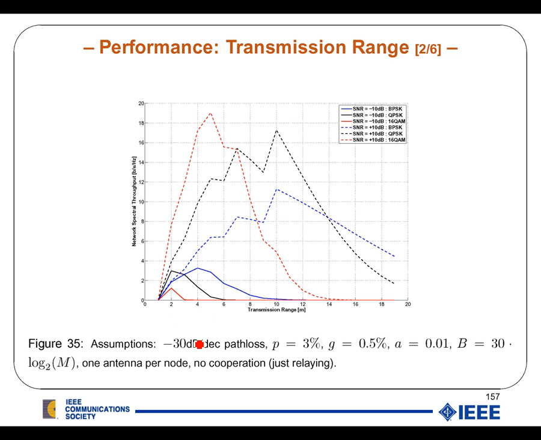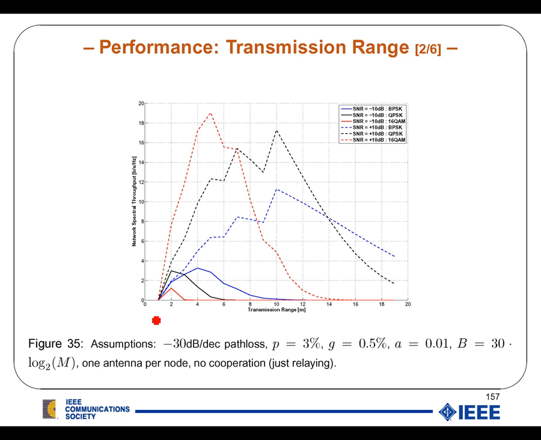We have assumed a path loss of -30 dB per decade in distance, a persistency of 3%, a traffic arrival of 0.5, a normalized slot duration of 0.01, and B bits equal to 30 multiplied by log2 m, where m is the modulation index. We also don't assume any cooperation, so we just have 1 antenna per node.